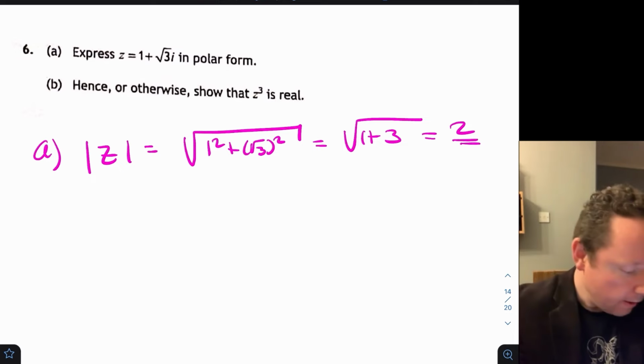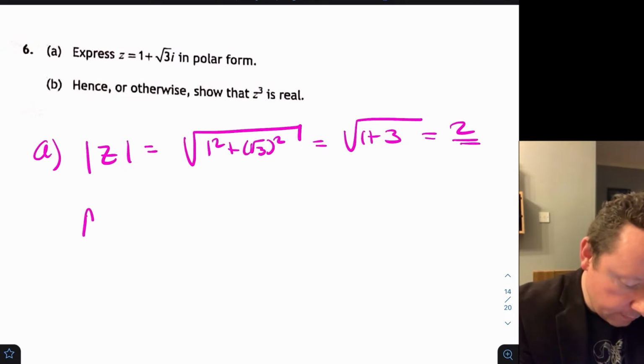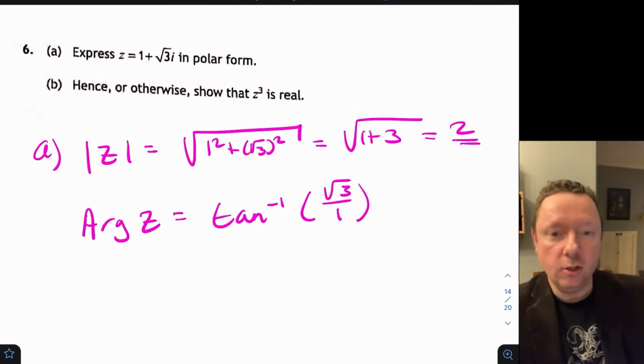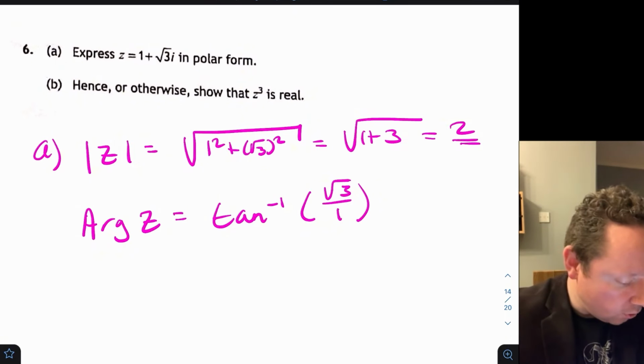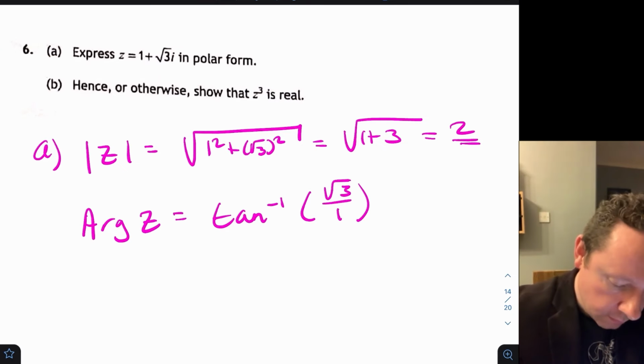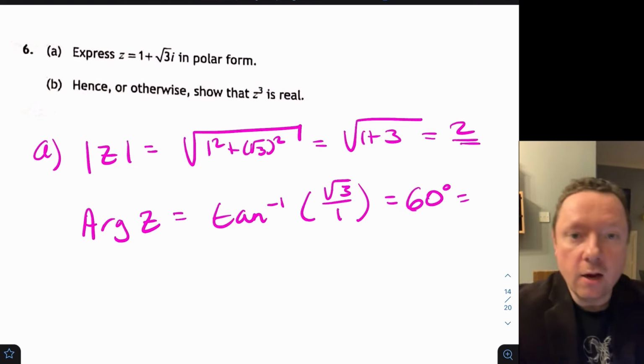And we're done there. And then we need the argument of z. So that's going to be the inverse tan of root 3 over 1. Non-calculator paper, you should just know the inverse tan of root 3 is 60 degrees, which is pi over 3.